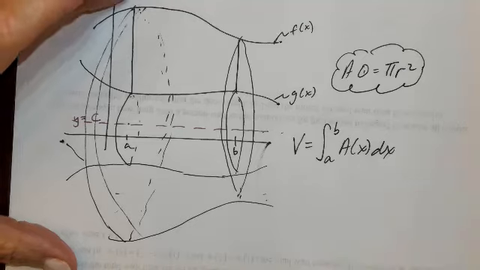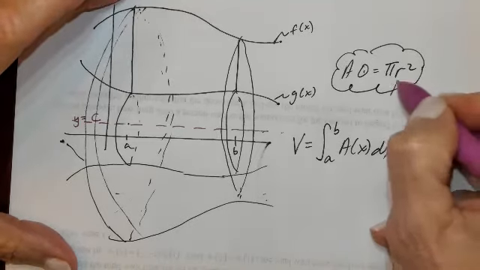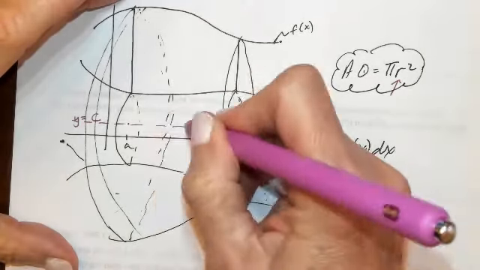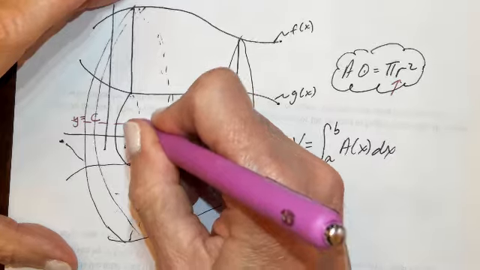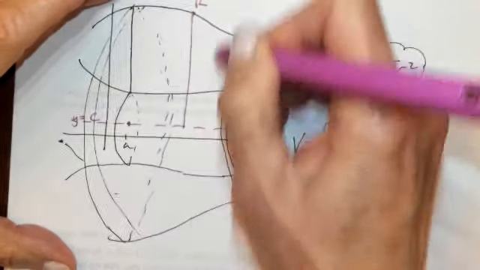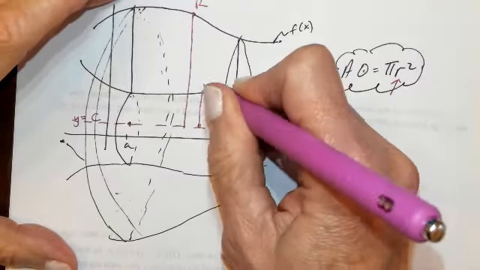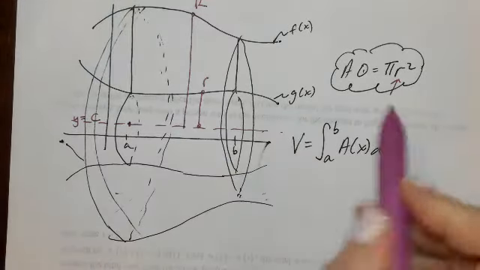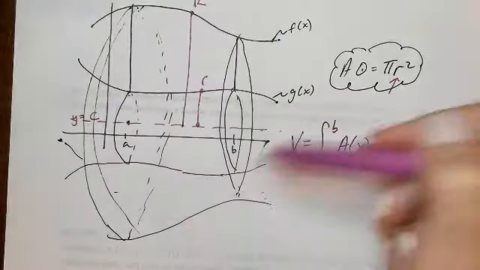So I need two radii, okay? I need my big radius and my small radius. And I'm always going from my axis of revolution because that's the center of these circles, right?